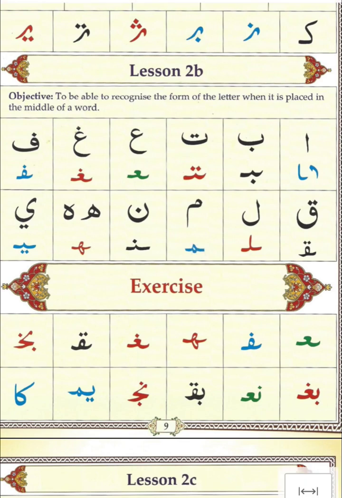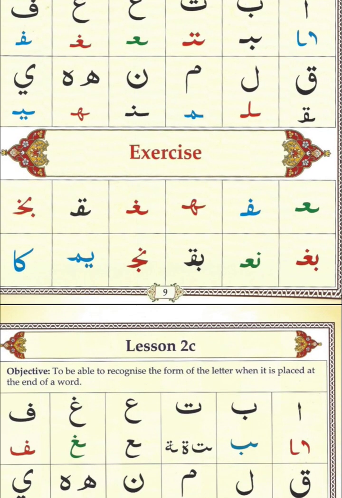So if mim comes in the middle of the word, mim will look like this. Noon, ha, ya. Now exercise. Ain, fa, ha, ghain, qaf.